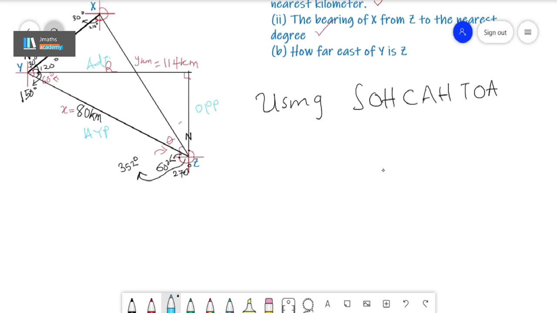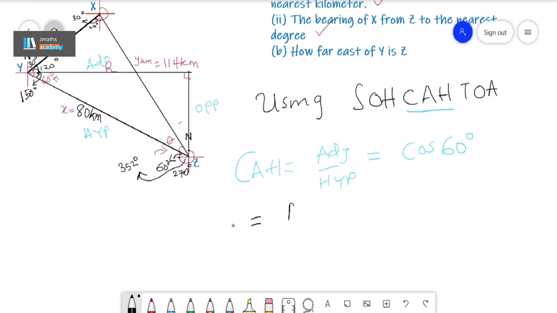So we're asked to find our adjacent. So we're looking for adjacent. We're going to use CAH. So we know our CAH to be adjacent over hypotenuse, which is equal to cos 60 degrees. We got 60 degrees since this angle here is 60 degrees, so we are using cos 60 degrees.